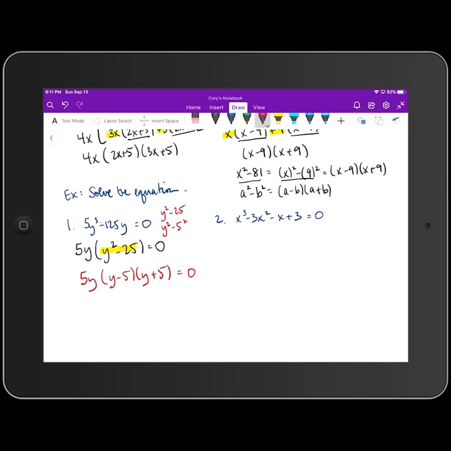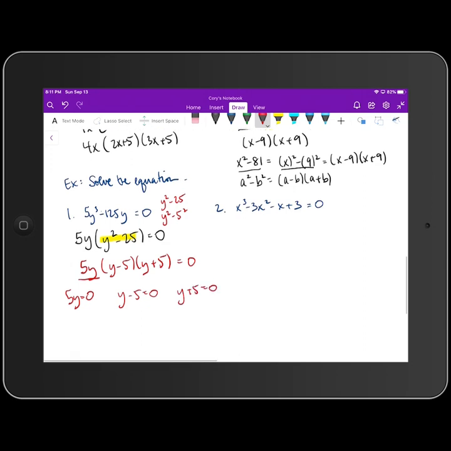Okay, so what does that mean if a product is equal to 0? Well, for a product to be equal to 0, that means that in this particular case, either the first factor, 5y, is equal to 0, the second factor, y minus 5, is equal to 0, or the third factor, y plus 5, is equal to 0.